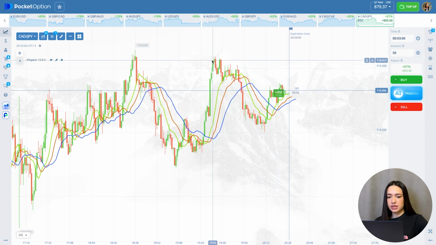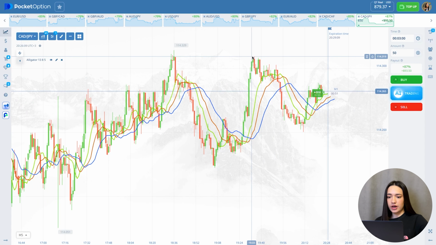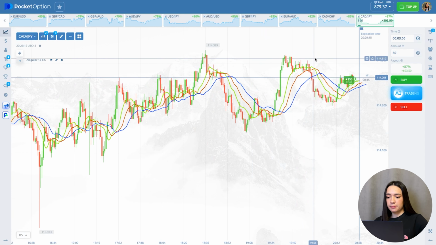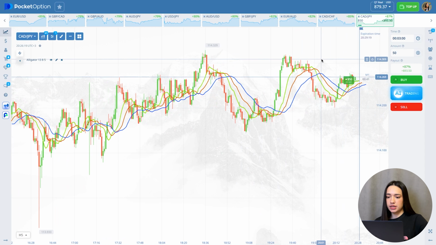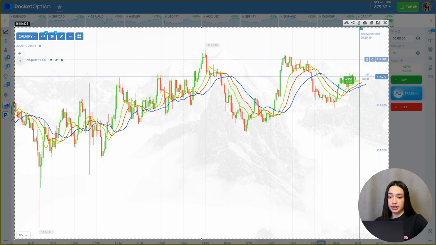I want to point this out right away. There is no sleeping alligator face here, and there is no moment where it's just starting to wake up. However, in this section of price movement, we have a fairly clear trend, and I will explain why I think so.